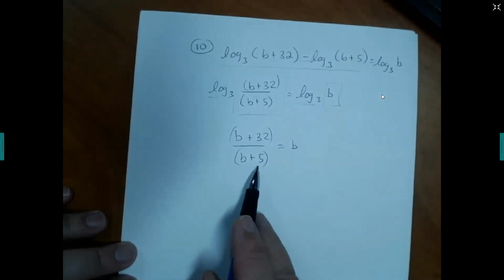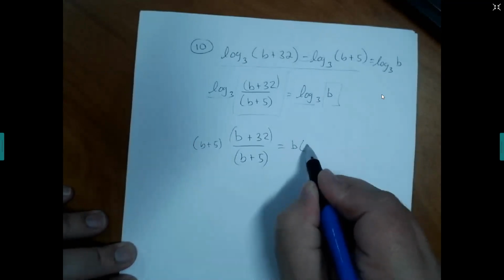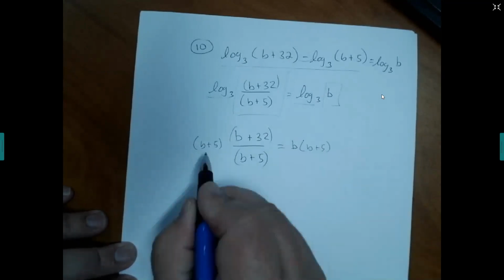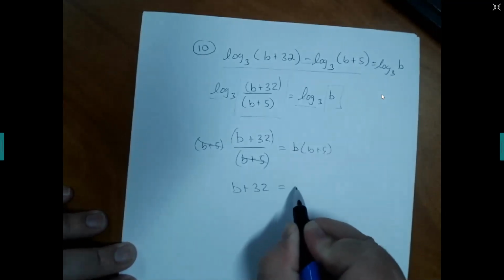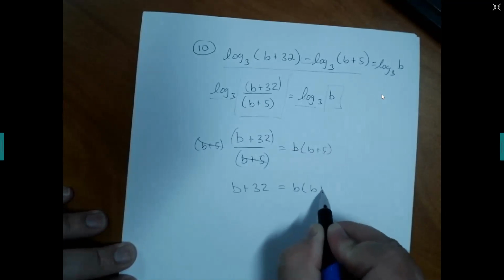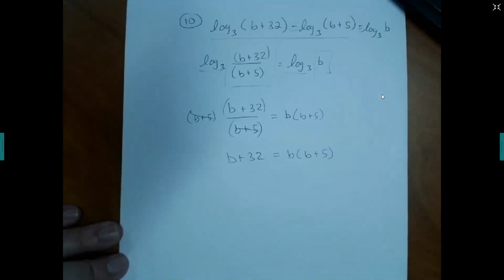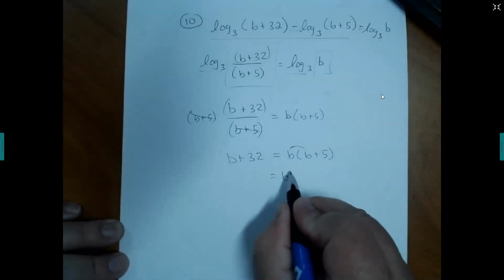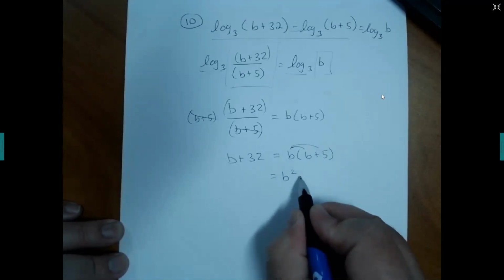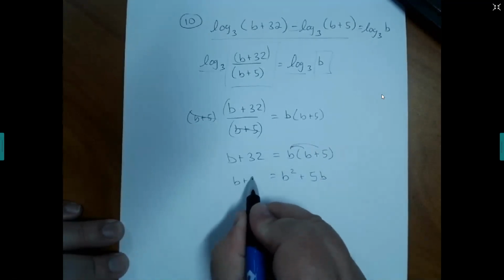Get the b plus 5 off the bottom, multiply it to both sides. B plus 32 equals b times b plus 5. Get rid of the parentheses. B times b is b squared plus 5b equals b plus 32.